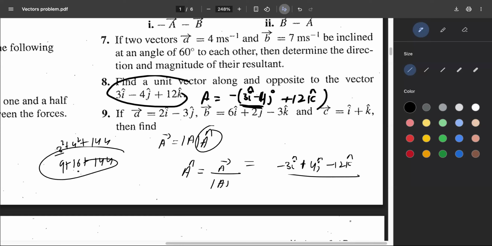If you add all of them, 9 plus 16 results in 25, and adding all of them you get 169. 169 is the square root of 13 squared. So you can simply say that this is the unit vector which you are going to get. Clear?